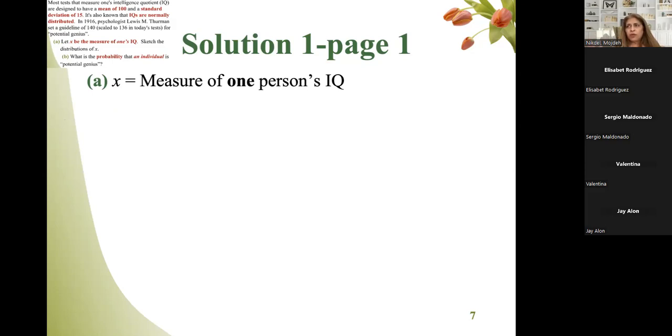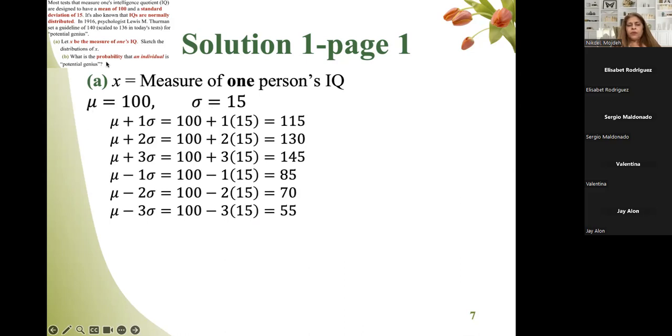So you have to focus if I want you to find probability of one person or probability for a group of people. So X is measure of one person's IQ. Mu is 100, sigma 15. And I already told you that the IQ are normally distributed. It means they have a bell-shaped curve.